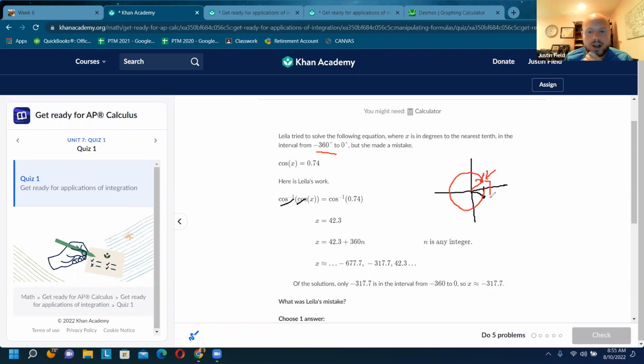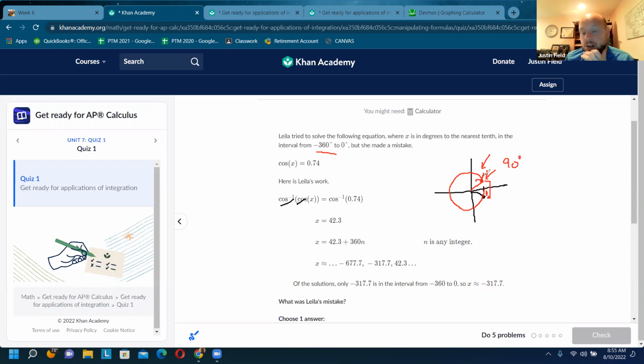But then there's another. If we reflect it right there, there is another, very small degree measure. How could I figure out what that is? Well, I know there are 90 degrees right here.